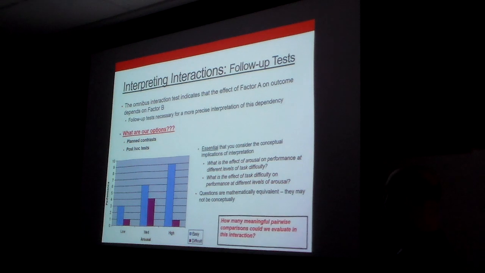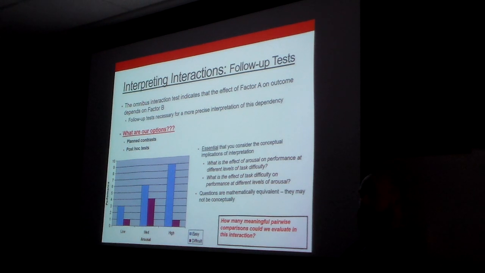So, if we're taking a look at this, how many meaningful pairwise comparisons can we make with this? I want to take a crack. John, what do you think, man? Six.